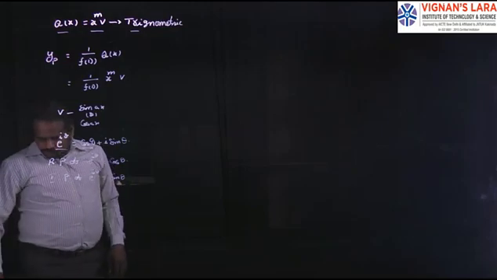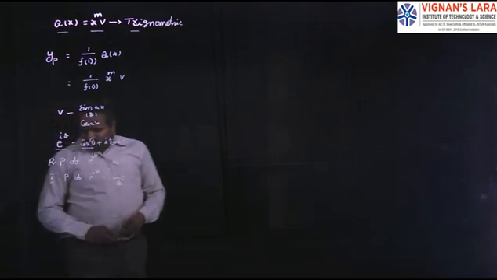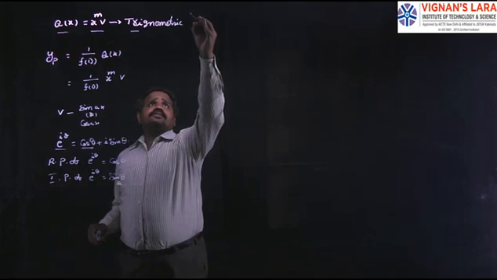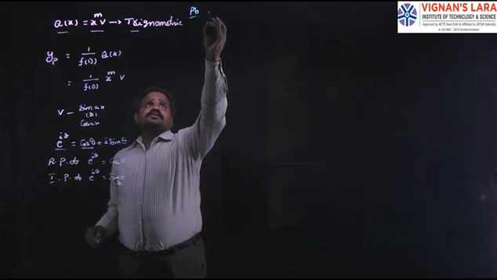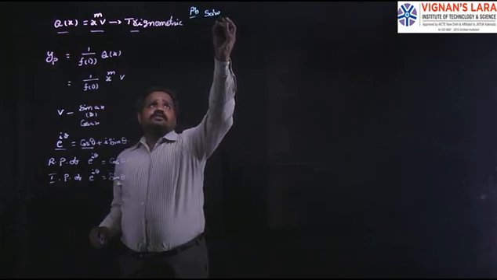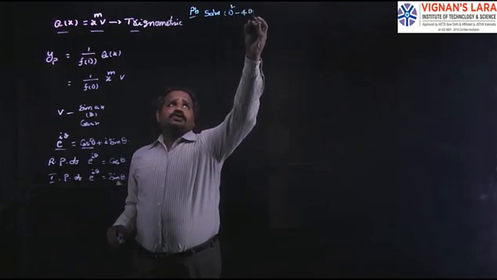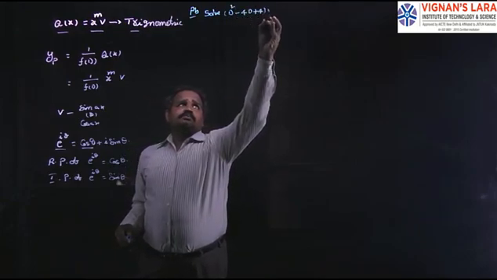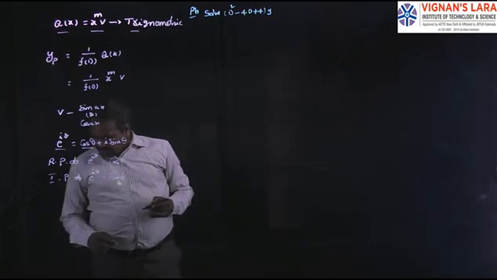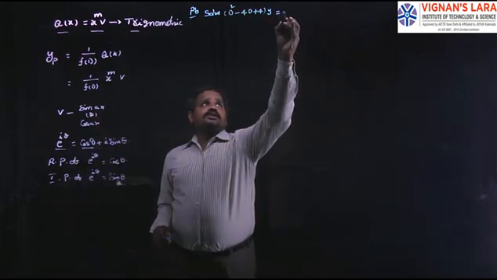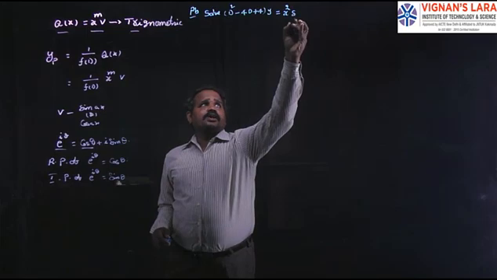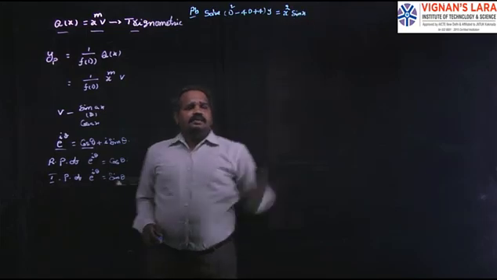Solve D square minus 4D plus 4 into y is equal to x square sin x.